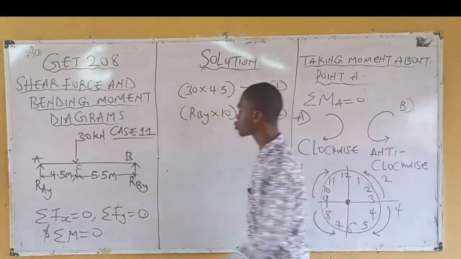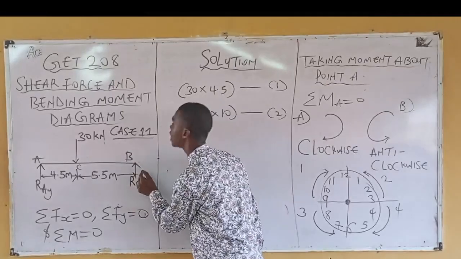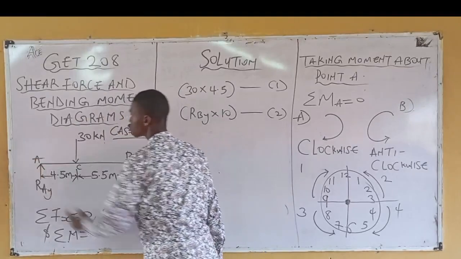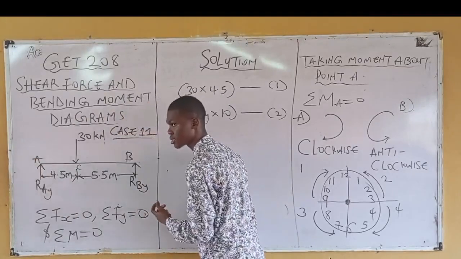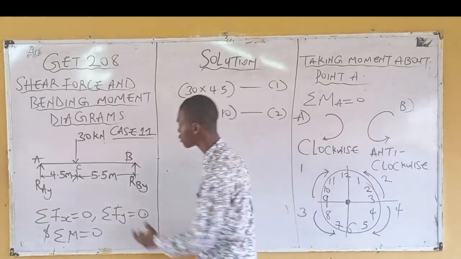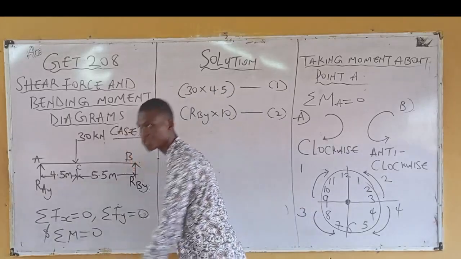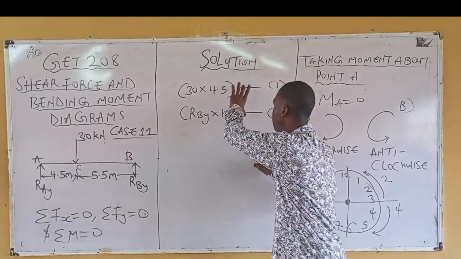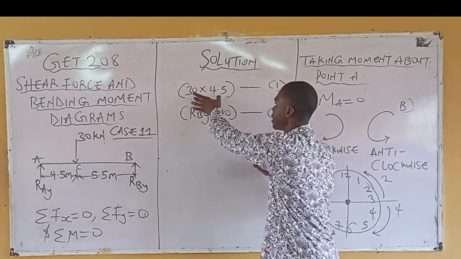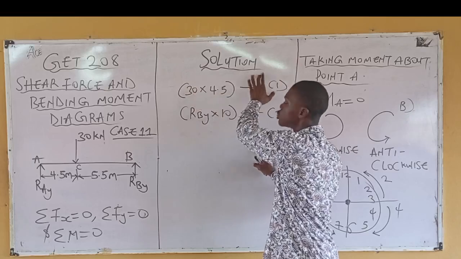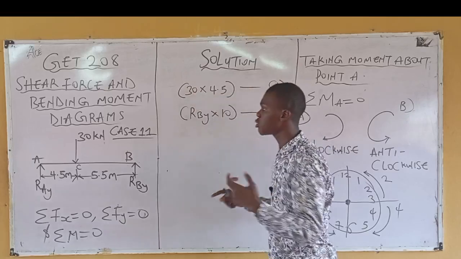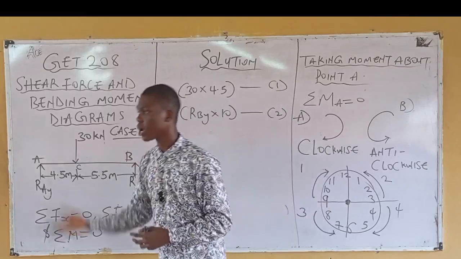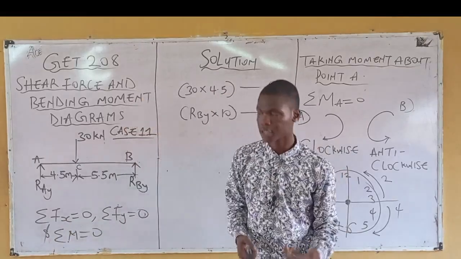The second one also, RBY, tips the edge to point A. The distance is the addition of 5.5 and 4.5, which is 10. And this is what you have here. It is easy to identify equation 1 and equation 2, but the technical part is whether it is going in a clockwise or anti-clockwise direction.